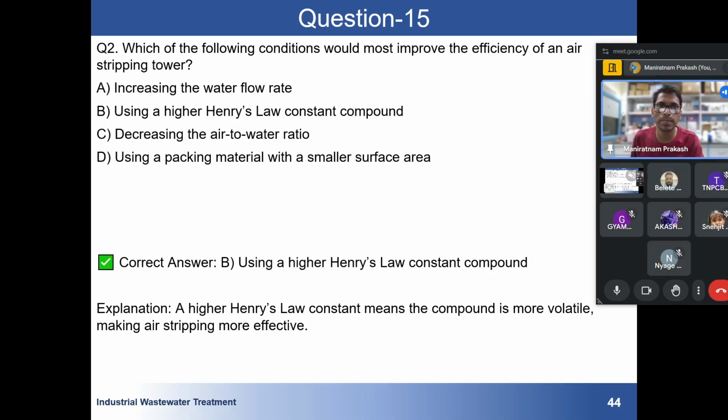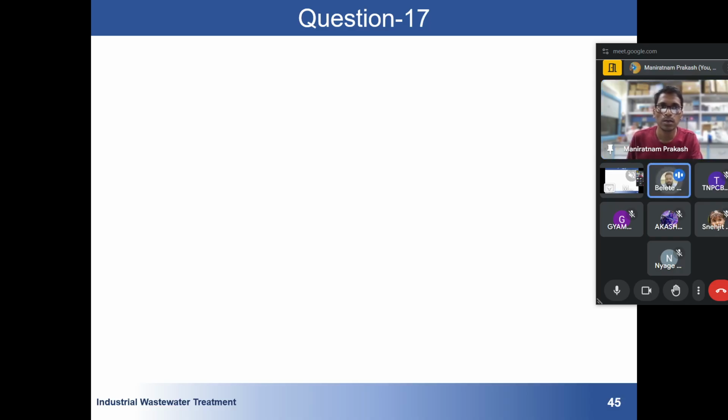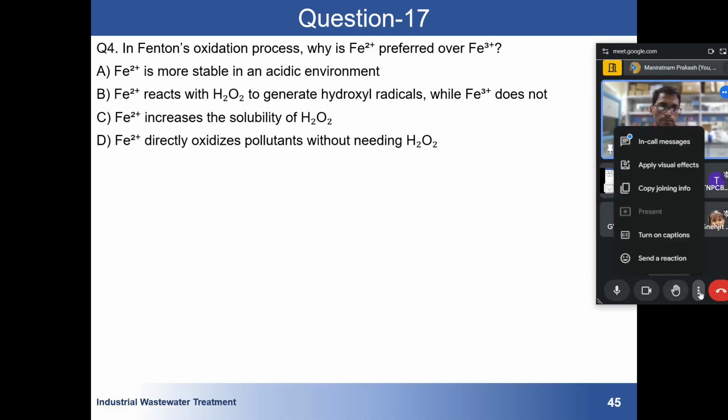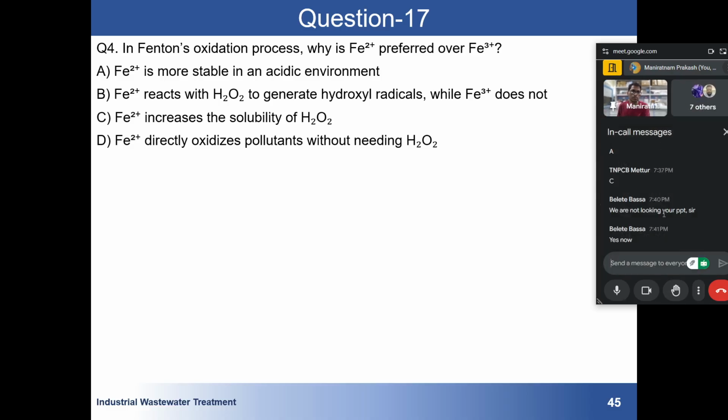Then there might be some technical issue. Sorry for that. Please correct it. Just try to answer this question. Sorry, I am not seeing the question.